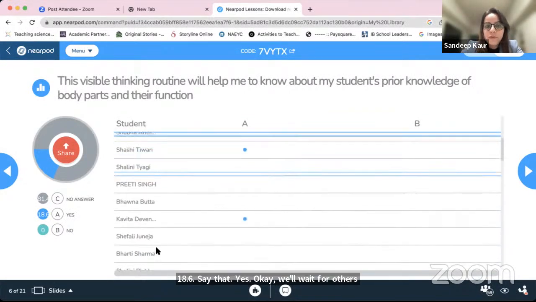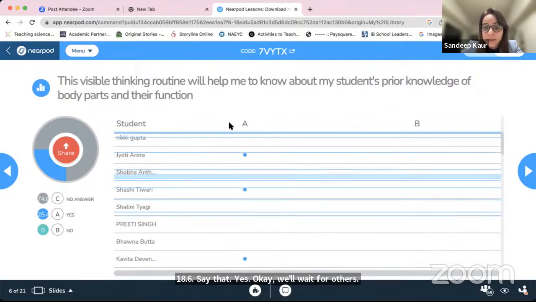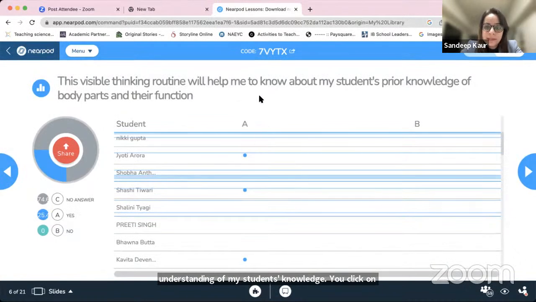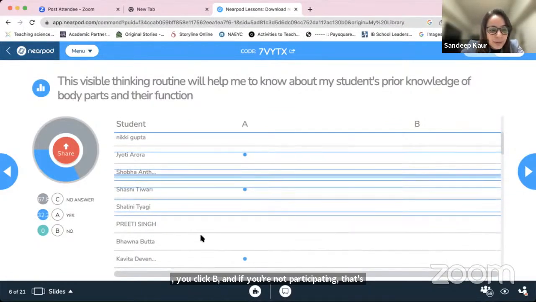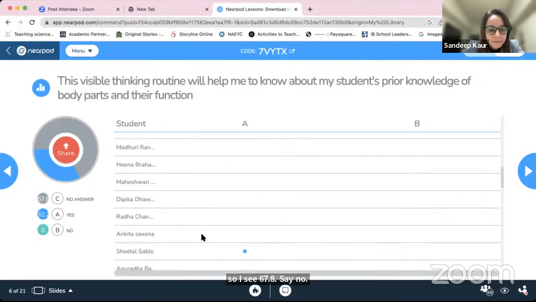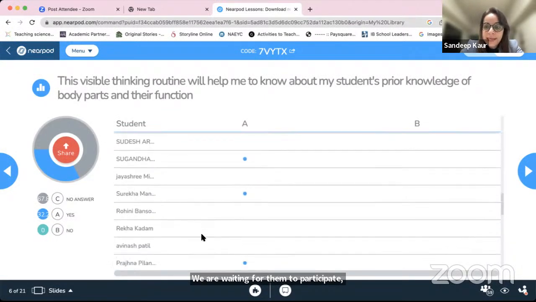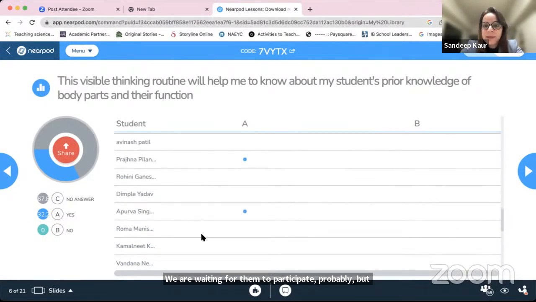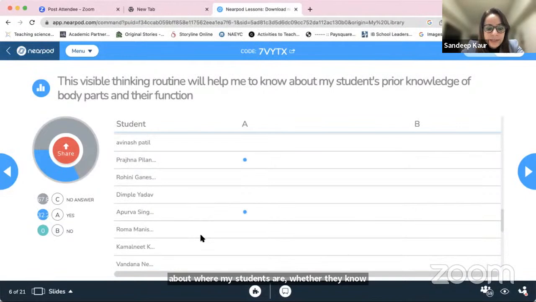So if you think yes, it will give me a prior understanding of my students' knowledge, you click the answer A. If you think no, you click B. And if you're not participating, that's C. So I see 67.8 percent say no. We are waiting for them to participate probably. But most of you are saying yes. That gives you an insight about where my students are, whether they know something about the topic or not, or how I need to go about engaging them.